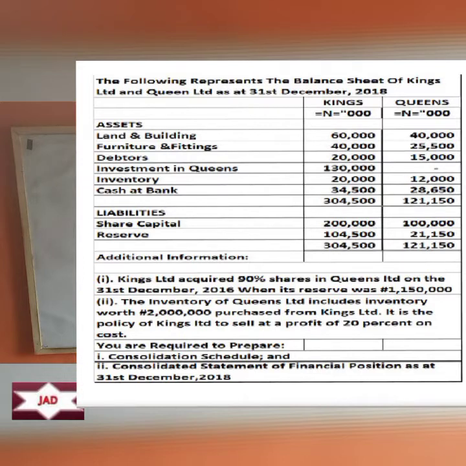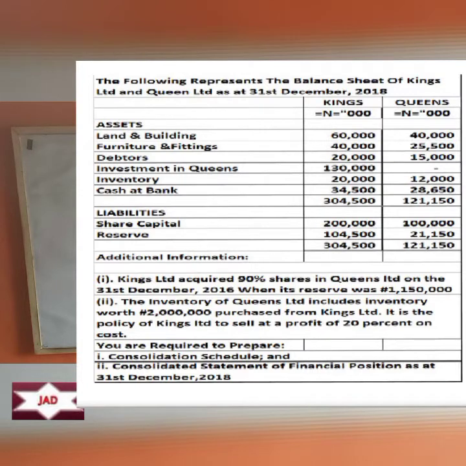So we have all the items there: land and building, furniture and fixtures, debtors, investments in Queens, inventory. Then we have cash at bank, and then we have share capital and reserve. Then they say Kings Limited acquired 90% shares in Queens Limited in 2016 when its reserve was 1,150,000.